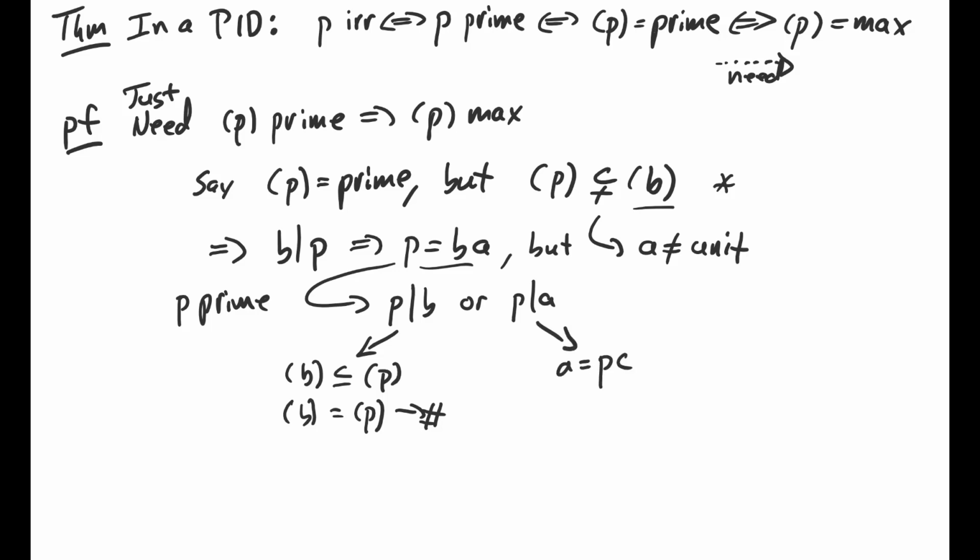Okay, if P divides A, well then A is P times C for some C in the PID, and we're going to combine this statement with this one. So we get P is equal to B, and then the A part is the PC. But then we can cancel the P's. Remember, we're in a PID, which is a domain, and that says 1 is equal to BC, which says that these are both units.